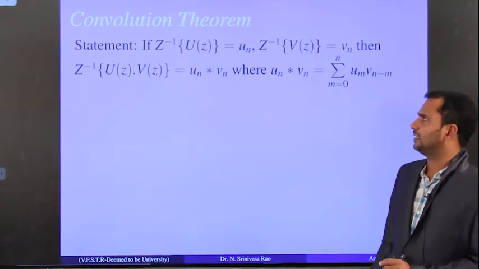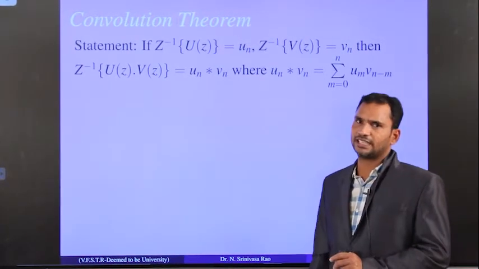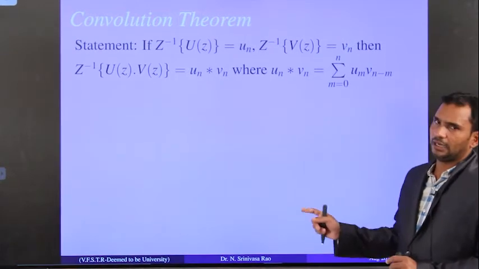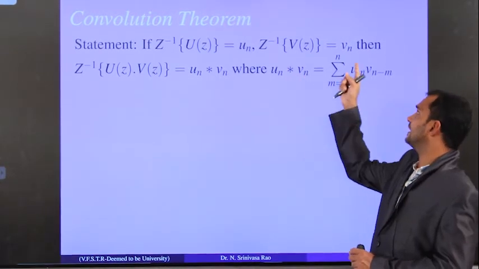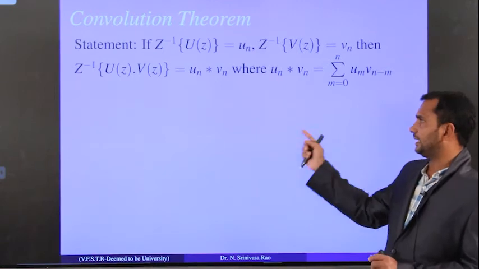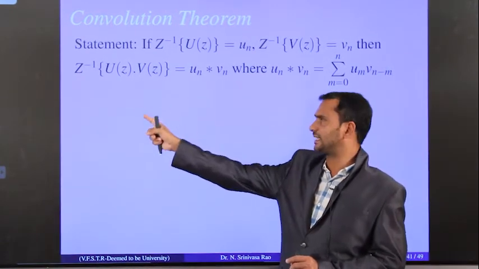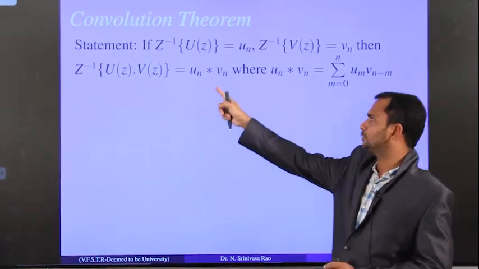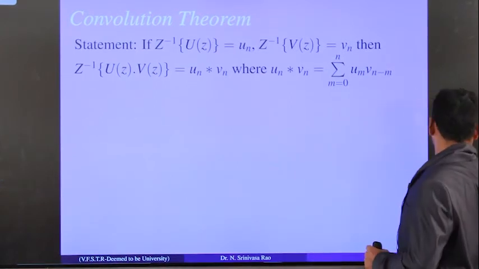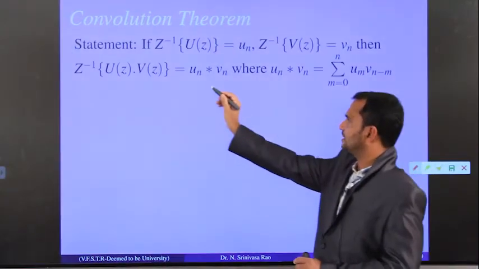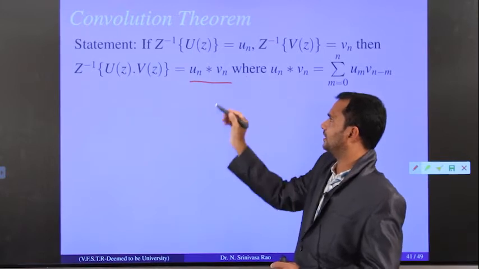If Z inverse of u of z is un and Z inverse of v of z is vn, then Z inverse of u of z into v of z is un star vn. This star denotes the convolution product.